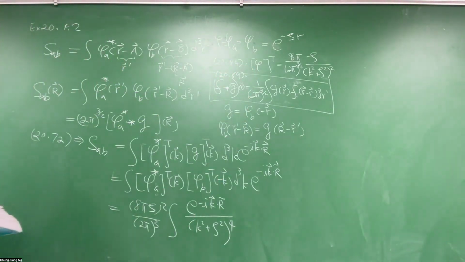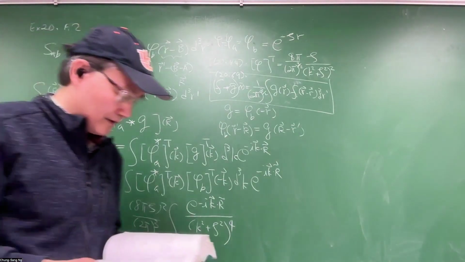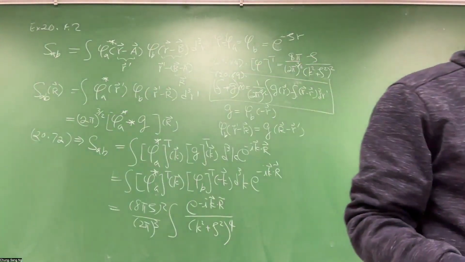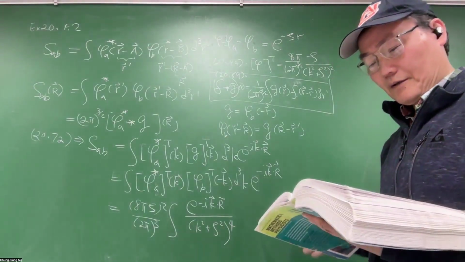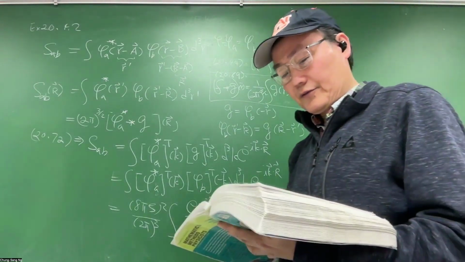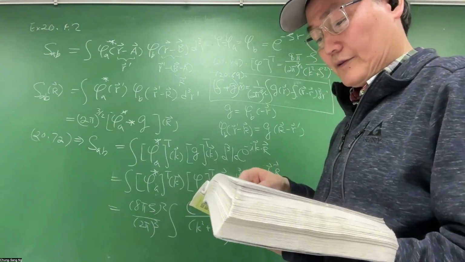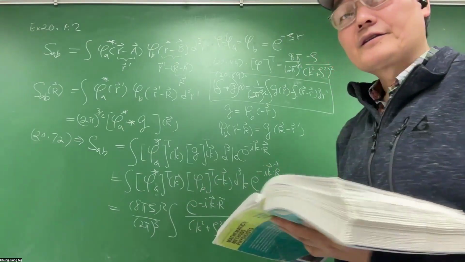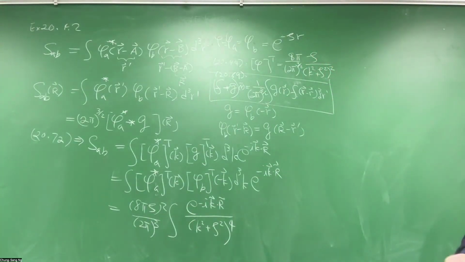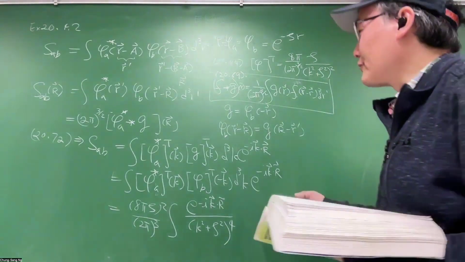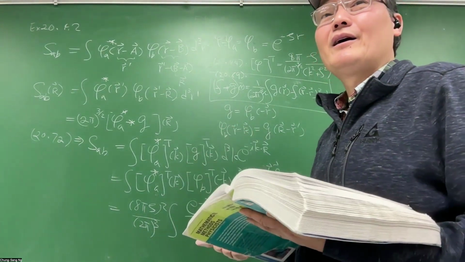This is just, after we discussed the 1D convolution, or one variable convolution, we just generalize that to 3D, exactly the same way. Just like we have the 1D Fourier transform, we get the 3D Fourier transform.